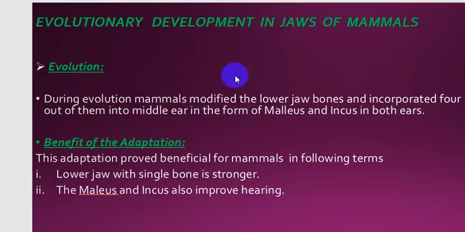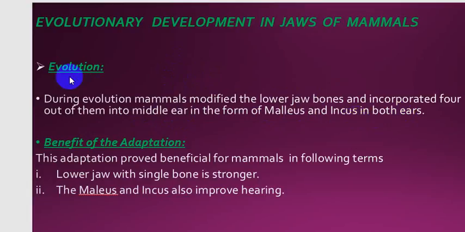The bones that were quadrate and angular in nature slowly and gradually were reduced, and the mandible went on increasing, and eventually these bones became part of the middle ear, forming the malleus and incus in both ears.